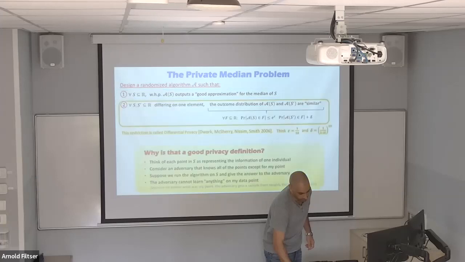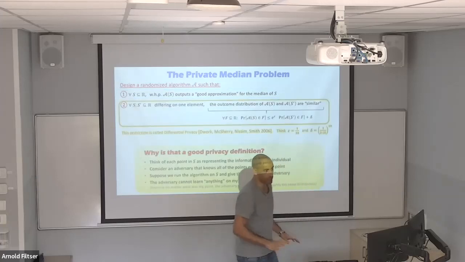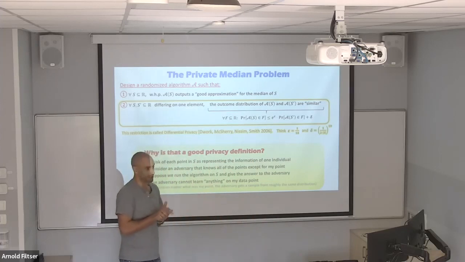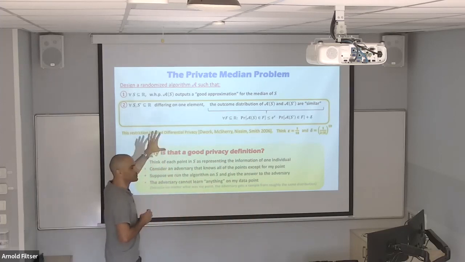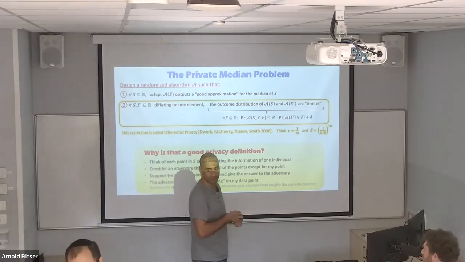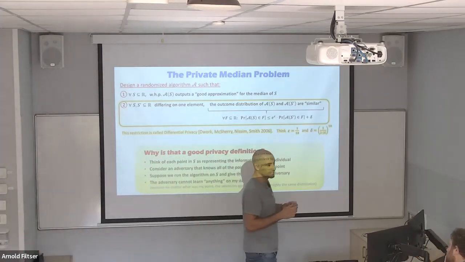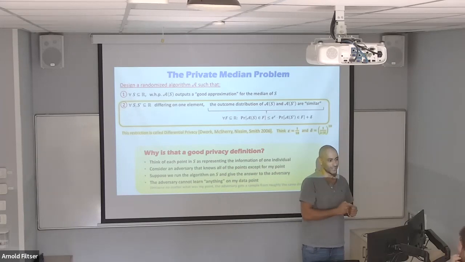Exactly. So the privacy requirement, we have several settings in the literature of differential privacy, but the most simple setting is where you trust the data curator with all of your data points, and you just want to make sure that the outcome distribution protects only against an observer.